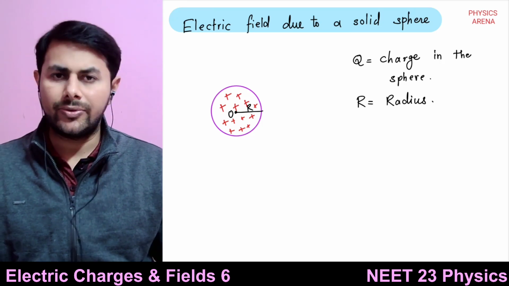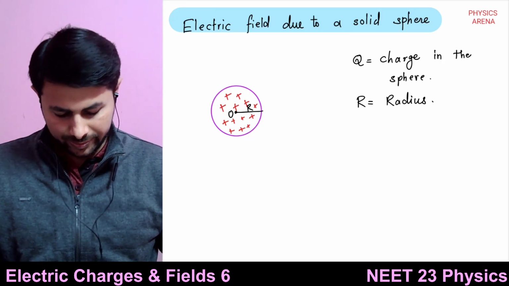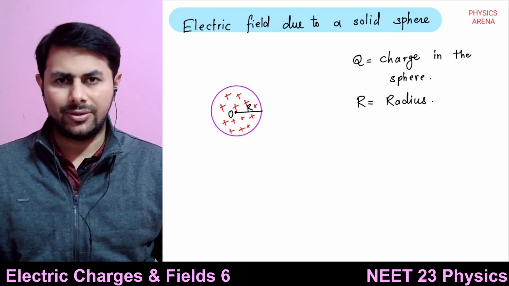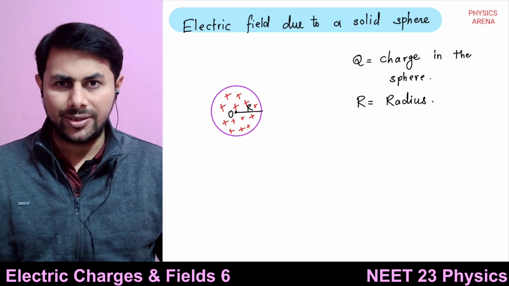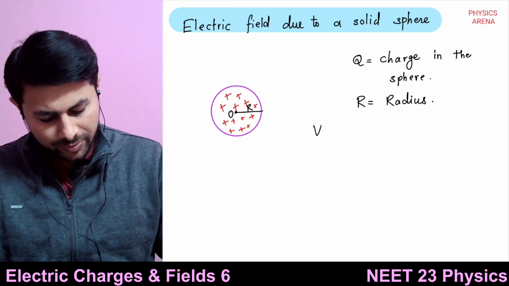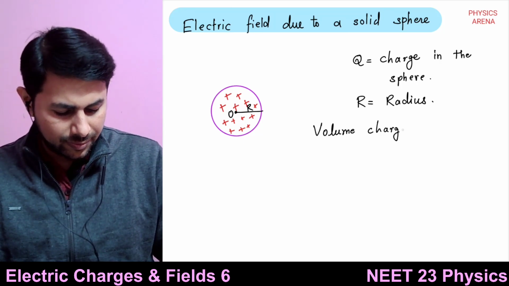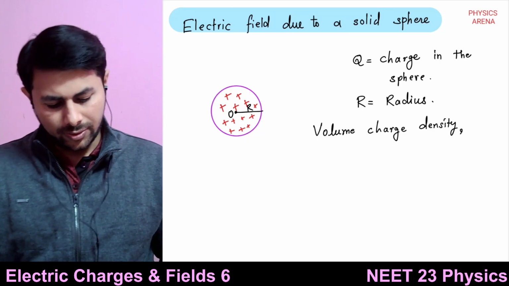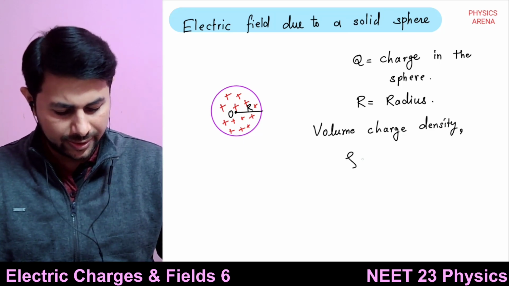So now what do we have to do? We have to define a quantity corresponding to this case. So if charge is distributed in the volume, what do we define? We define the volume charge density. So what is volume charge density?